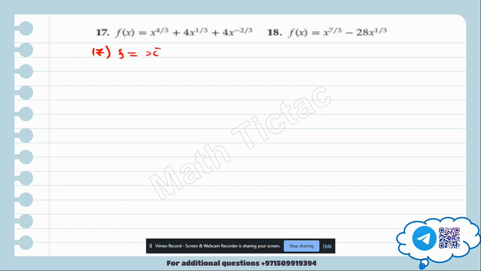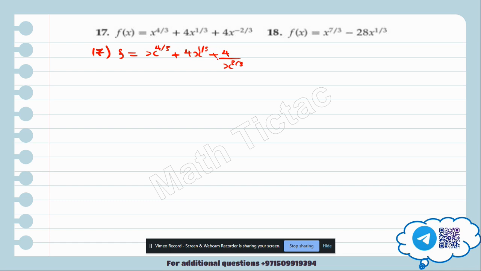So this is x to the power 4 over 3 plus 4x to the power 1 over 3 plus 4 over x to the power 2 over 3. Since the denominator is the index of the root, we have an odd root, a cube root from the index 3, which is odd.